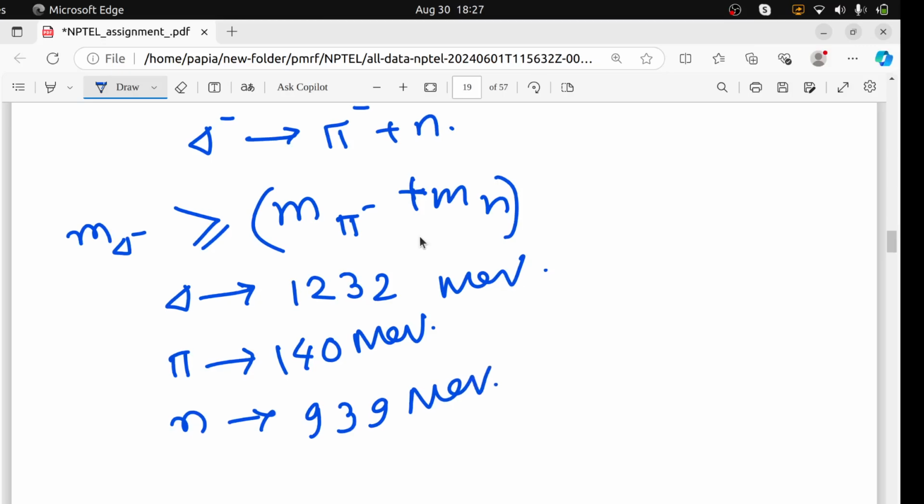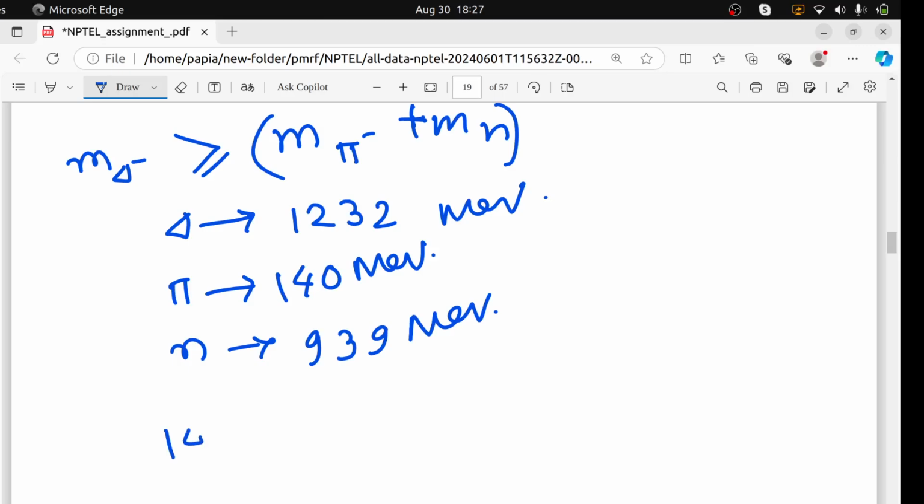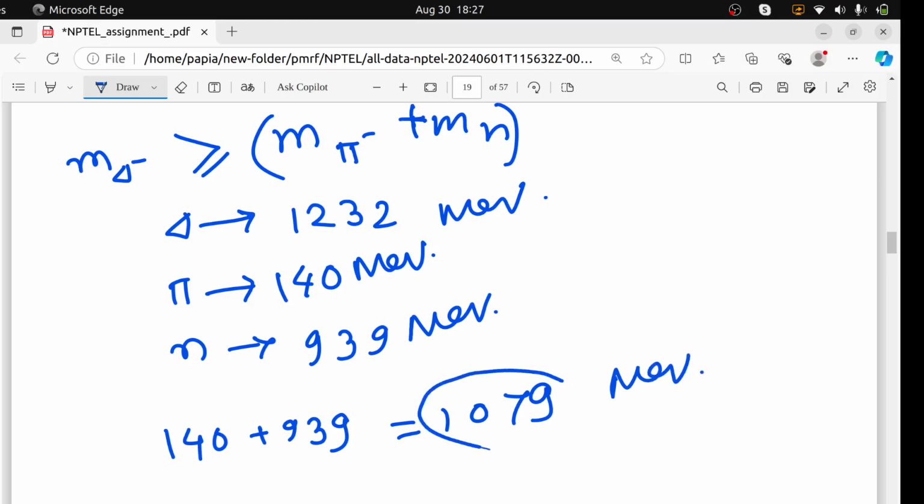Just add these two, 140 plus 939. How much will it be? So you can see 1079. This number is less than 1232.